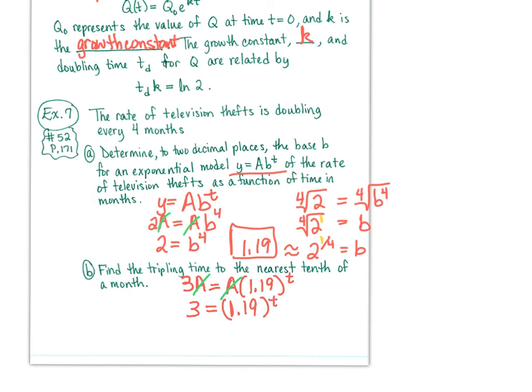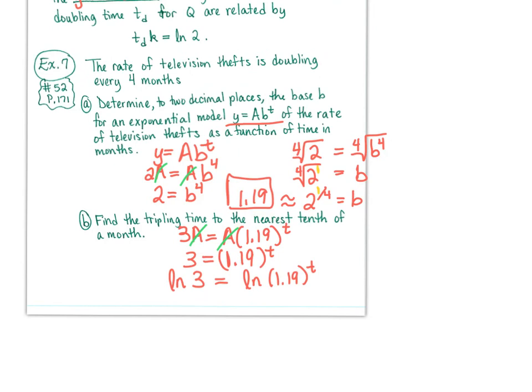But now that t is stuck in the exponent, we have to figure out how to get it down. You apply the log to both sides, the common log or the natural log, whichever one makes you happy. So we're going to do the natural log of 3 is equal to the natural log of 1.19 raised to the t. And now using our properties of logarithms, we can bring that t down front. So that's t times the natural log of 1.19. That's just a number, so we can divide both sides by that number.